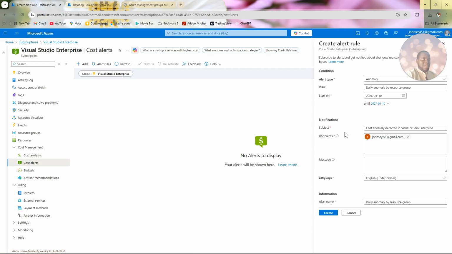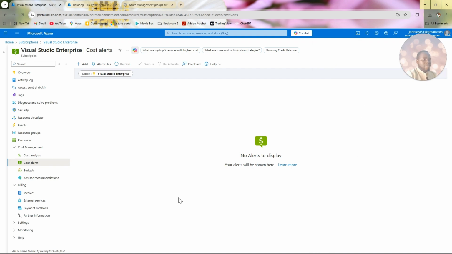I can now create an alert that once my resource gets to $130, please send me an email. Do you get it? Or I can say maybe when it gets to $125, send me a notification. So that is what an alert really does.